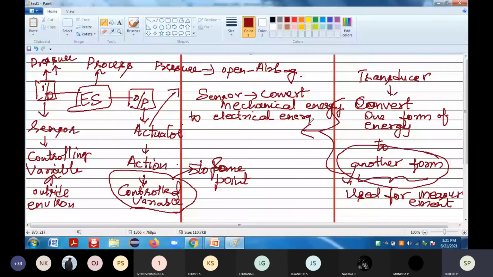The actuator does the reverse: it converts electrical energy, or signals, into mechanical energy. That's what the operation does.